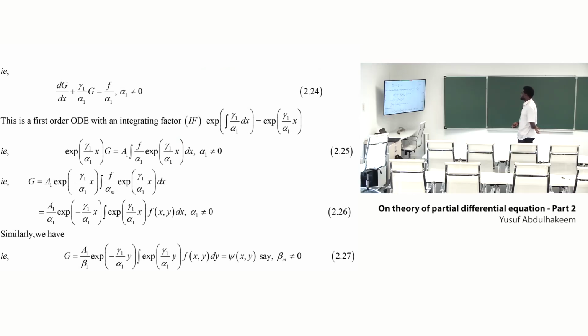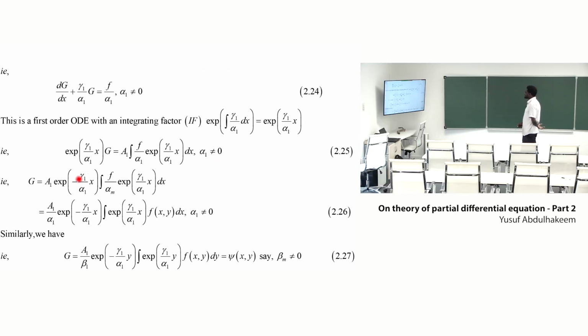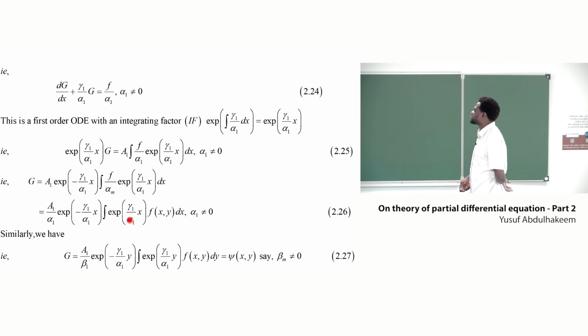Before then, we go back to the differential equation so that we introduce our integrating factor, from elementary math, and alpha 1 surely must not be equal to 0 so that this equation will stand. Then by the time we do that, we can resolve this integral here. Mostly it will fall into integration by parts, which we can easily resolve whichever differential equation it is. Then we have this.